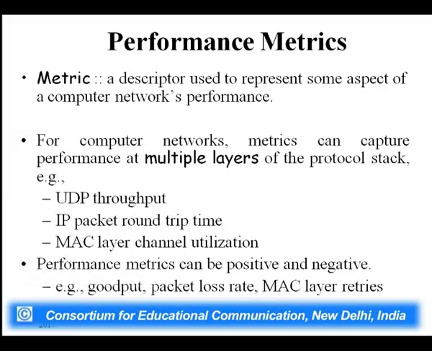For example, you may be interested in measuring the throughput given by the UDP protocol. That means at the transport layer, you are interested in measuring the throughput. Second, at the network layer, you may be interested in measuring the round trip time, that means both ways, that an IP packet takes.